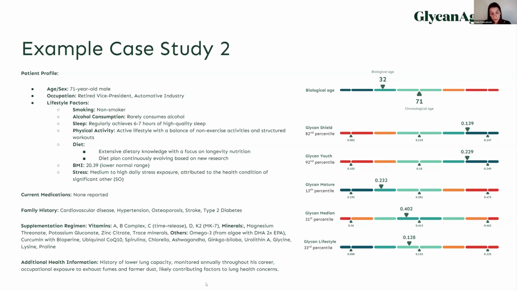So before I move further, additional information reveals that the client had a historically lower lung capacity. He did annual checkups throughout his career, and the lung capacity was generally on the lower side. The client also reported being exposed to exhaust fumes because of his job, and also farmer's dust because he grew up on a farm.